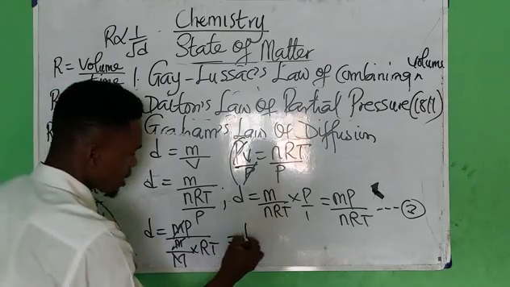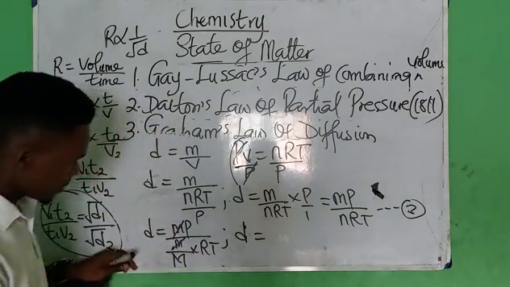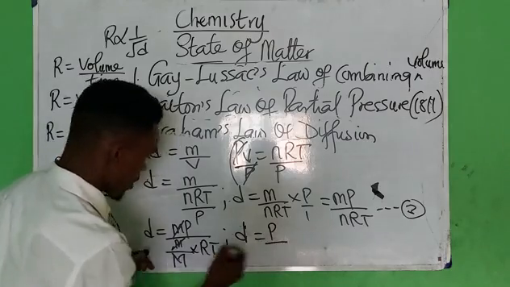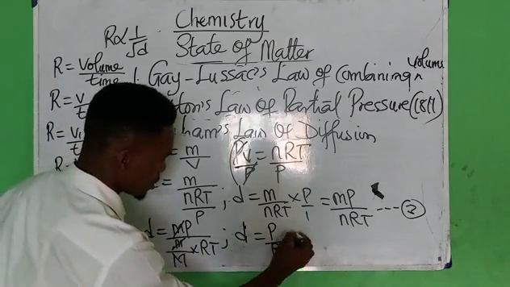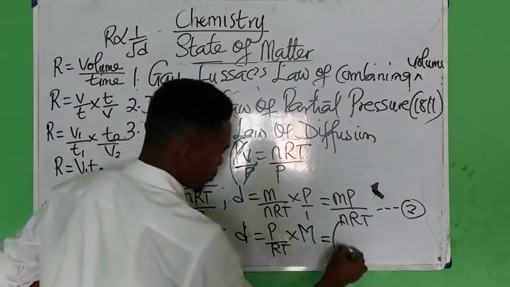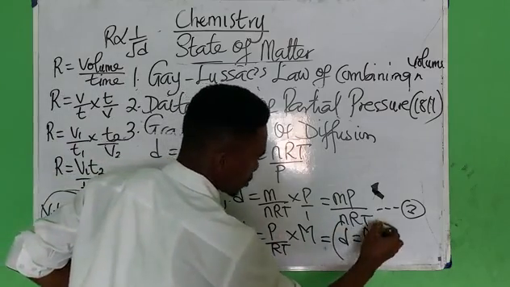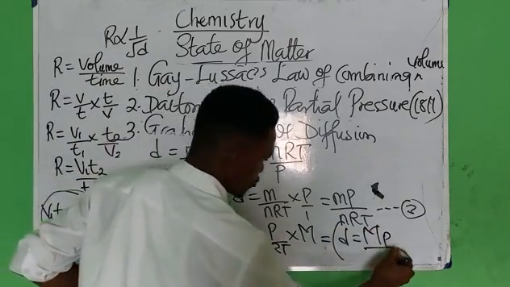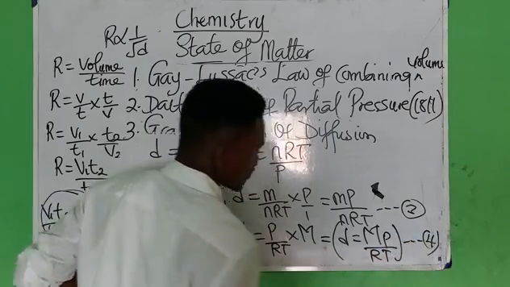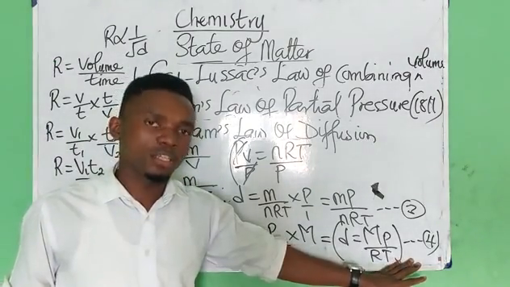So from here, D is equal to P over RT times big M. Therefore, D is equal to MP, that is molar mass times P, over RT. Equation 4. So this is the final equation.